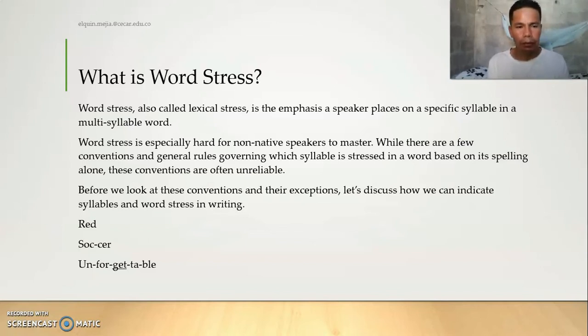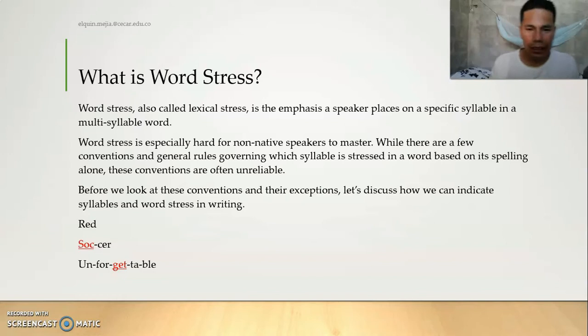Red, one syllable. Soccer, two syllables. Unforgettable, two or more syllables. Okay, my dear student, try again. Red, soccer, unforgettable. Look at the word sheet.